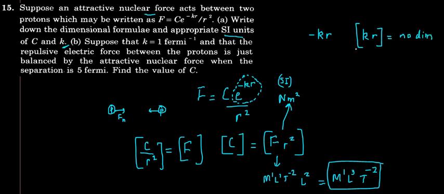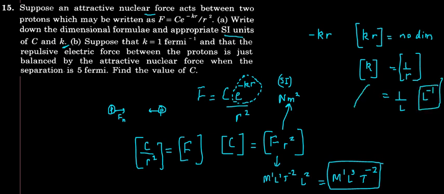R is the distance, so that's only possible when K has the dimensions of inverse distance, which is 1 by L, or L to the power of minus 1. Its SI unit is clearly meter inverse. So we have found the answer for the A part of this question.